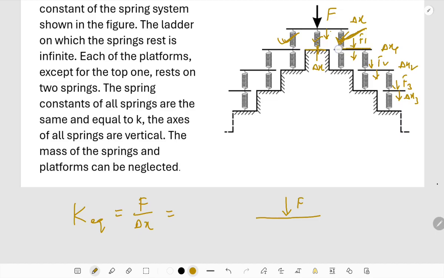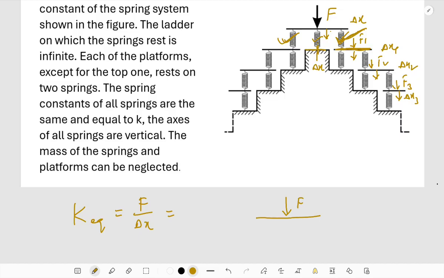So the net compression on it is delta x minus delta x1. I am guessing delta x is greater than delta x1, because forces diminish as we move from up to down.